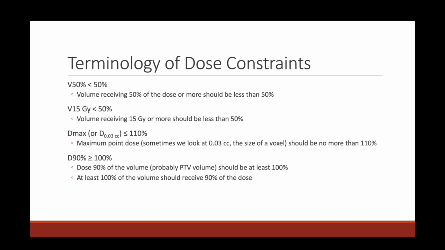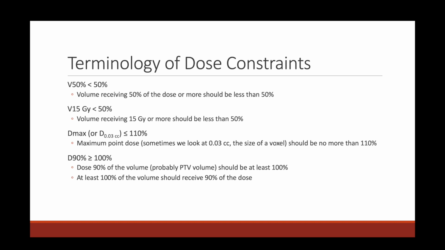On the other hand, if you see a D on the left side, whatever number on the other side of that sign is going to be representing a dose. And so then that subscript or whatever is attached to that D is typically referring to a volume. So one thing you might see is a D max or a dose to 0.03 cc's. Sometimes we look at 0.03 cc's as the D max just because that's the size of a voxel.